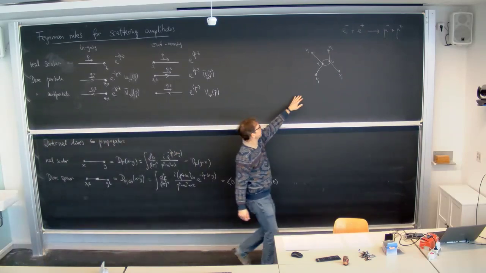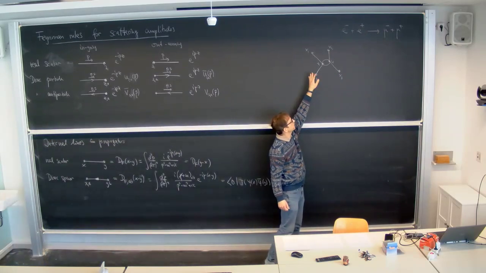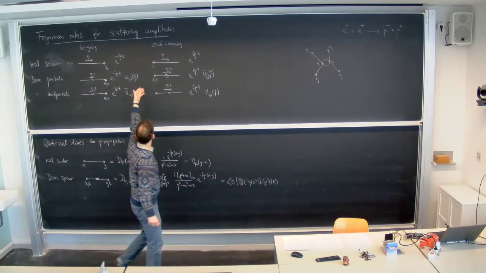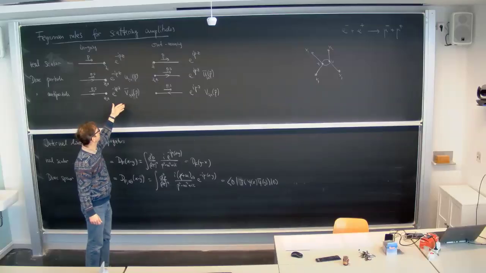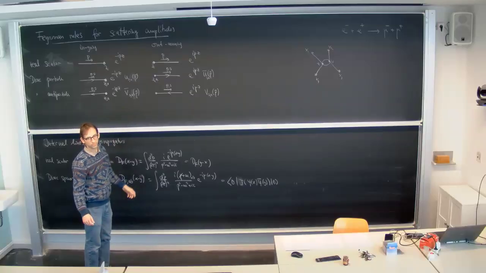So we amputate, take the point away, assign momentum to all of this, and then just write these expressions instead of the propagator.